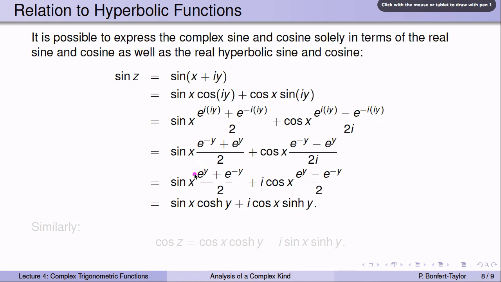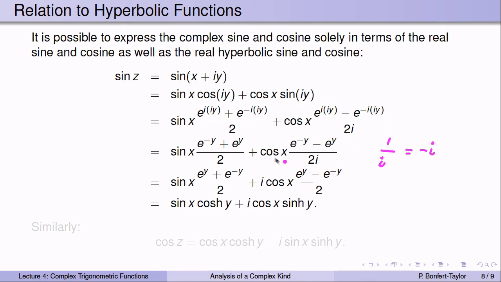If I rewrite this, I find that this first fraction is e to the y plus e to the minus y over 2. And for the second fraction, I have an i in the denominator. If I bring the i into the numerator, 1 over i is equal to negative i.